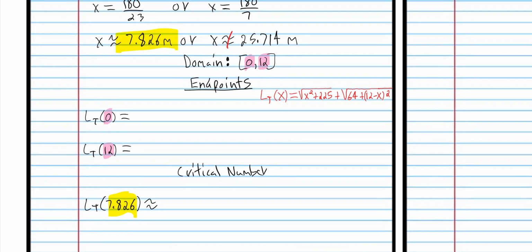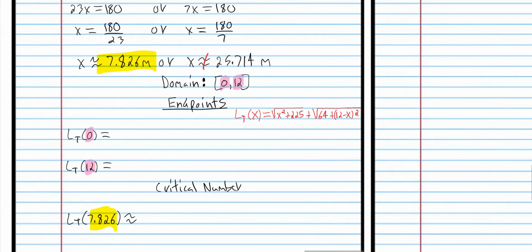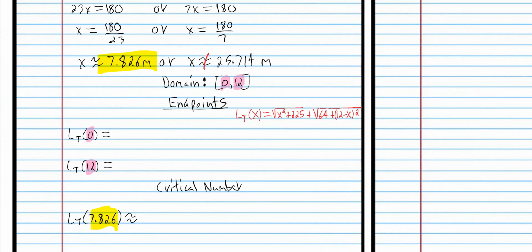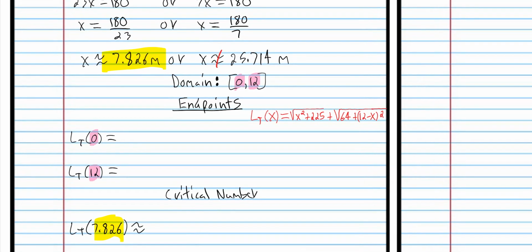Okay, so then we just need to calculate those numbers, but again, it's going to be a lot easier to enter this into your calculator and let the calculator do the work for you in a lot of these cases, but it might be easy to calculate the endpoints. So let's just see what we get here. 0 squared plus 225 plus root 64 plus 12 minus 0 squared.